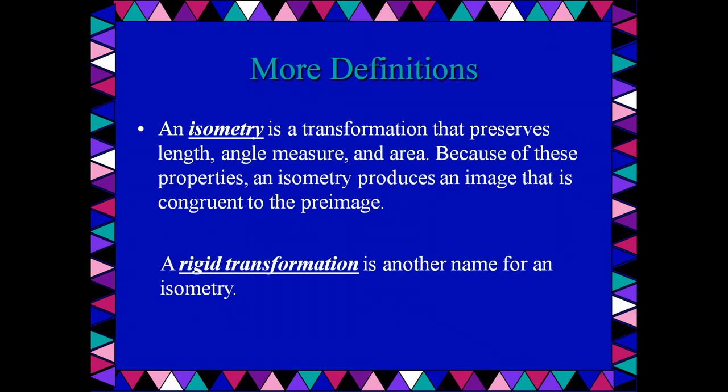It is the new image. A rigid transformation is another name for an isometry. So a transformation that keeps all the angles and lengths the same would be any kind of transformation except for a dilation.